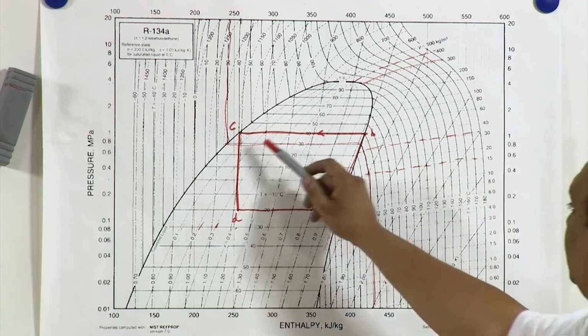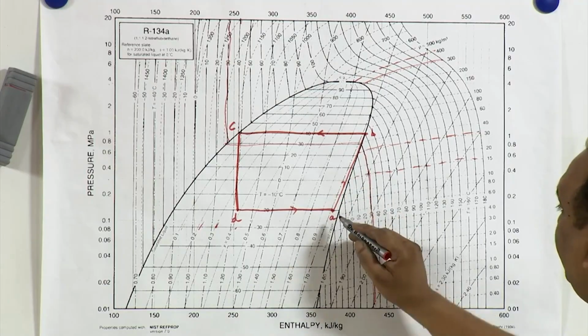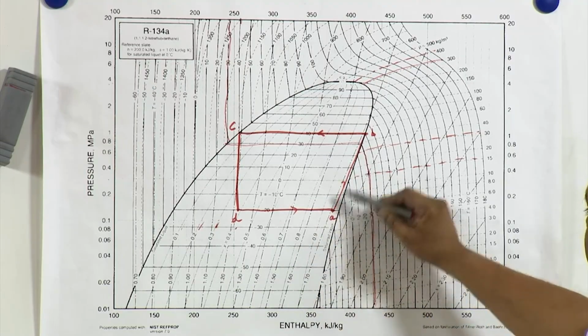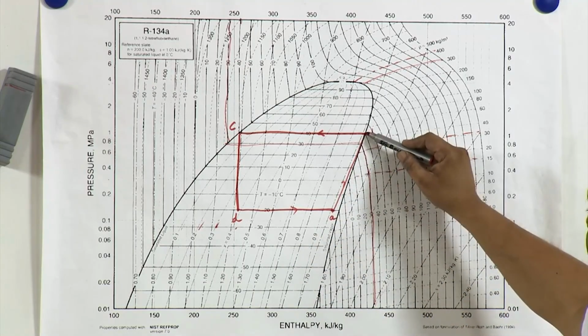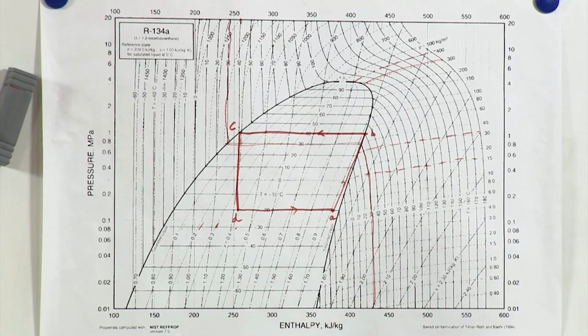Now, this is a typical cycle which is shown here having wet suction. So, after the compression the vapor is saturated, condenser temperature is 40 degree centigrade, evaporator temperature is -20 degree centigrade.